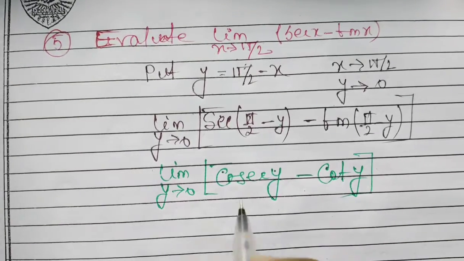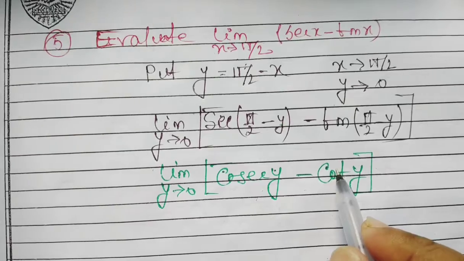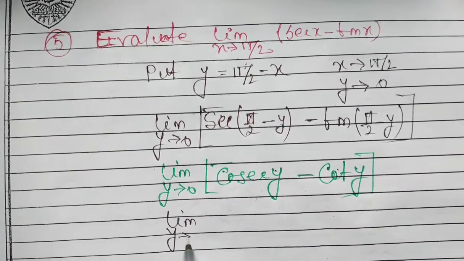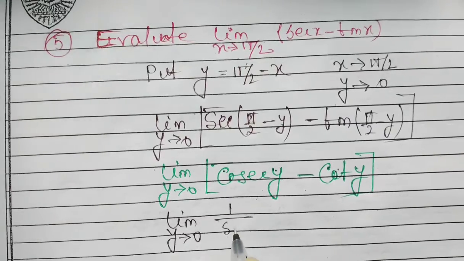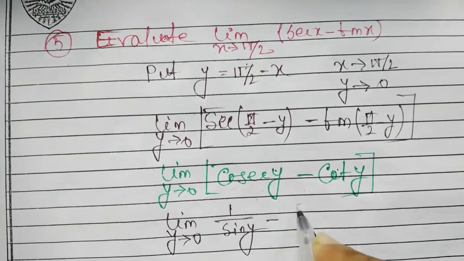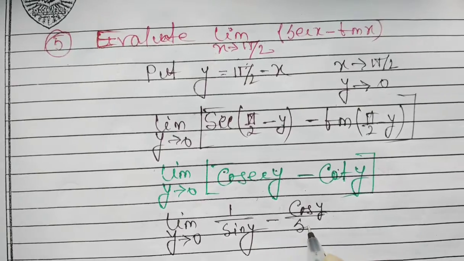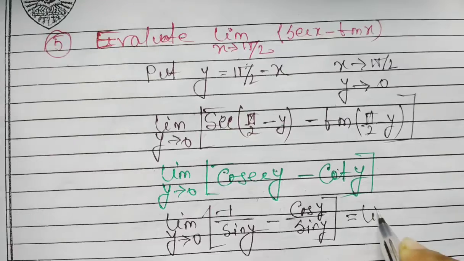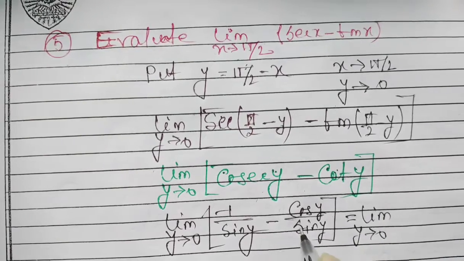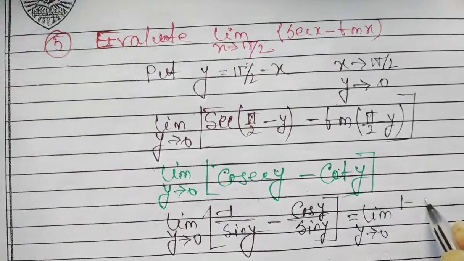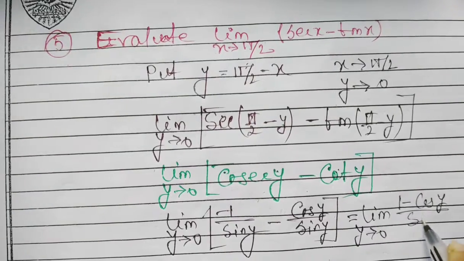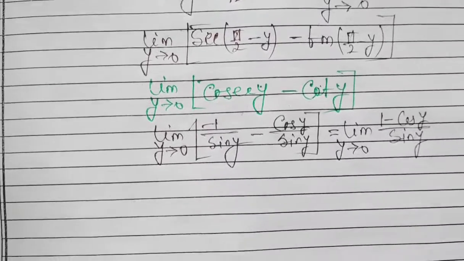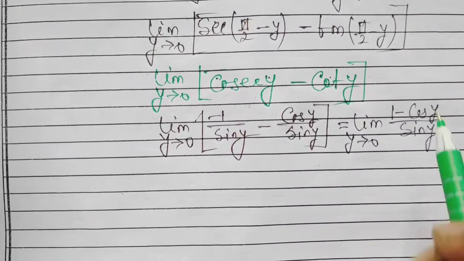Now write as 1 by sin y and here cos y by sin y. So limit y tends to 0 of 1 by sin y minus cos y by sin y. Now just take the LCM and we will get limit y tends to 0 of (1 minus cos y) by sin y.